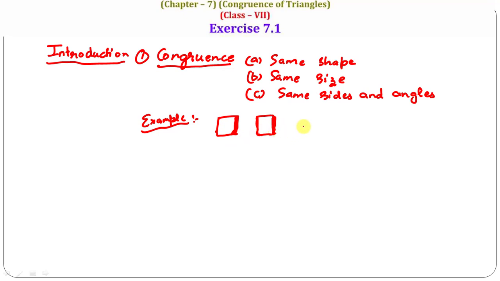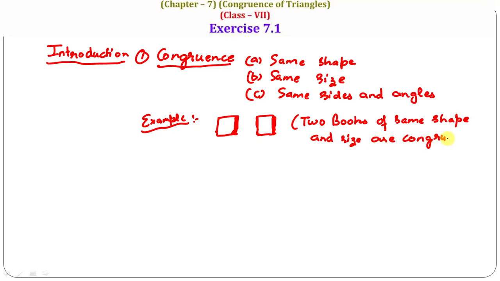So two books of the same shape and size are congruent.